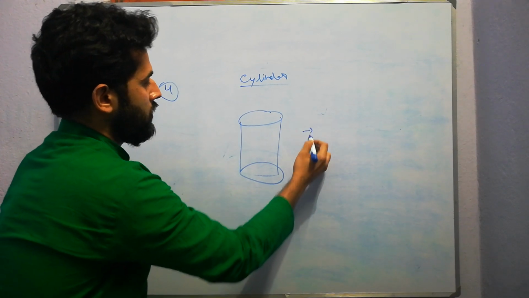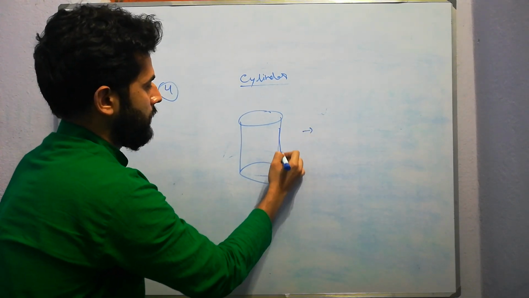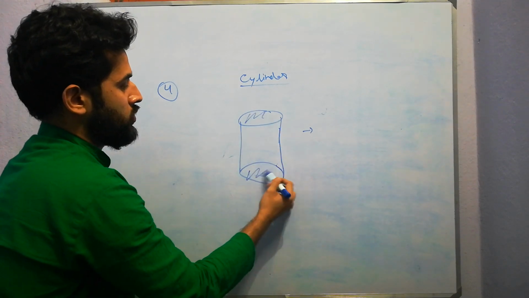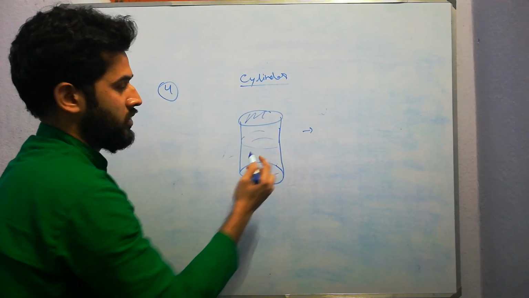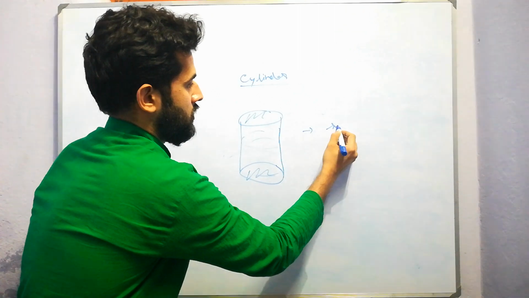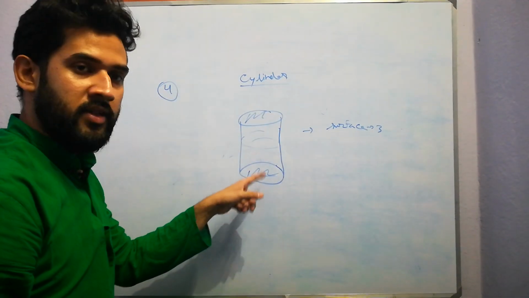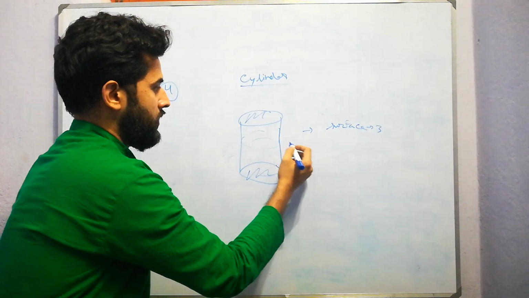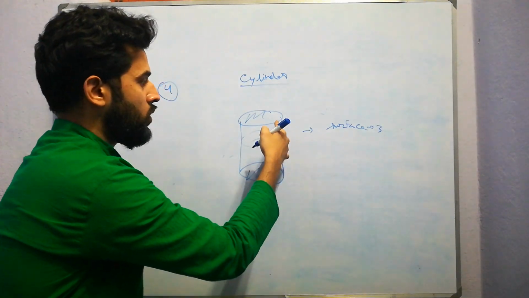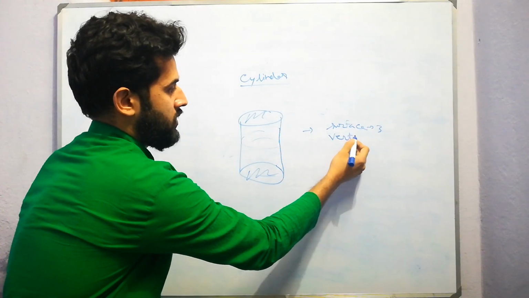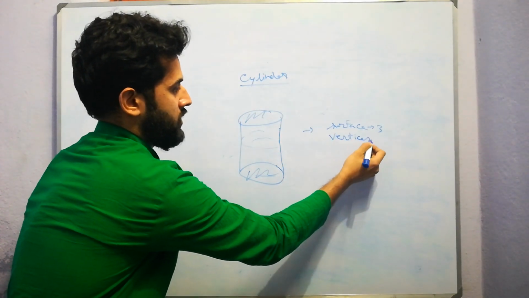It has 1, 2 and this round, 3 surfaces. So surfaces is 3: 2 plain surfaces and 1 curved surface. Next, it has no vertices. See, no pointing thing. So vertices is 0.